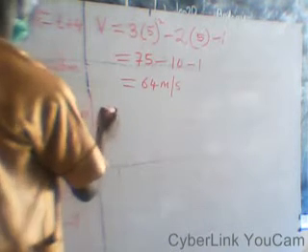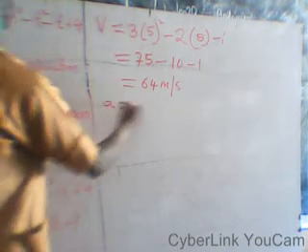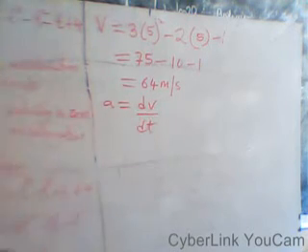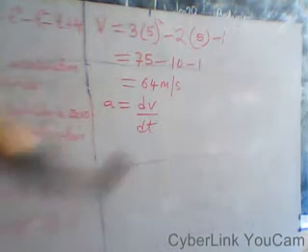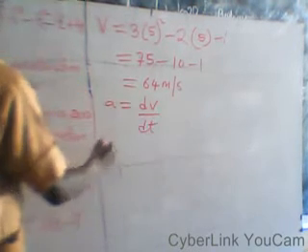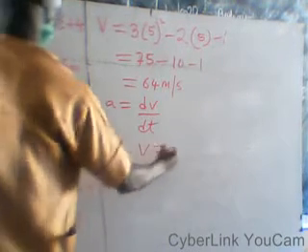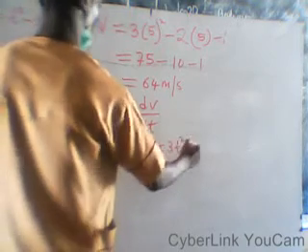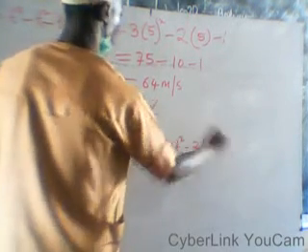Then our acceleration. We know that acceleration is equal to dv all over dt. That is the rate of change of body velocity with time. Don't forget that our velocity has earlier been got to be 3t squared minus 2t minus 1.